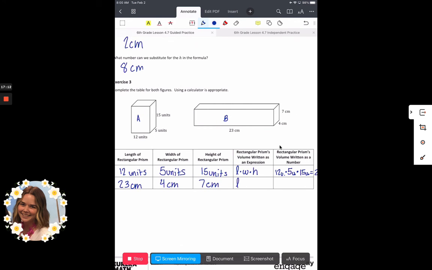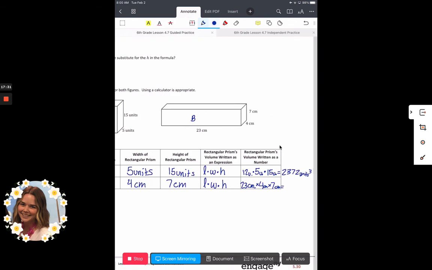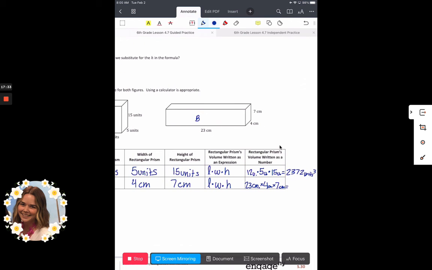Again, our expression is length times width times height, and we multiply 23 centimeters times 4 centimeters times 7 centimeters. And we multiply that all out, 23 times 4 times 7, to get 644 centimeters cubed.